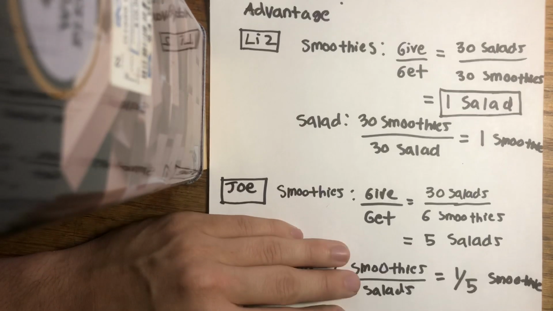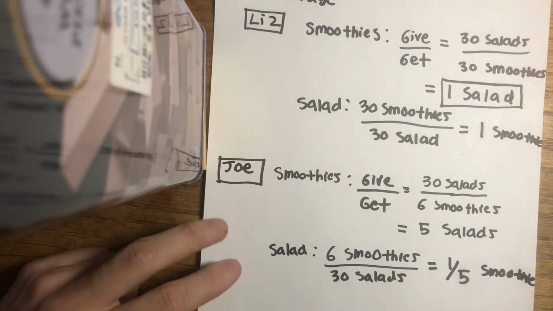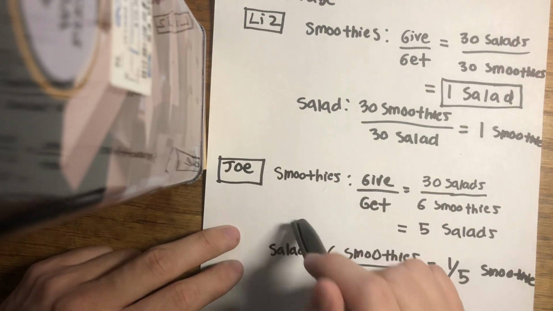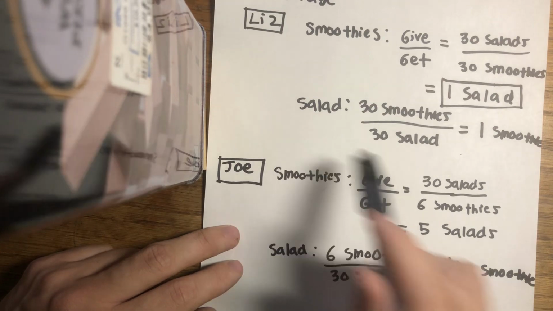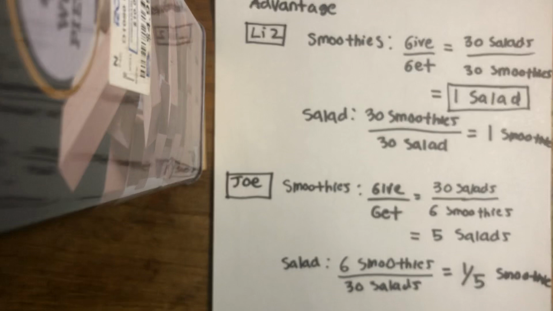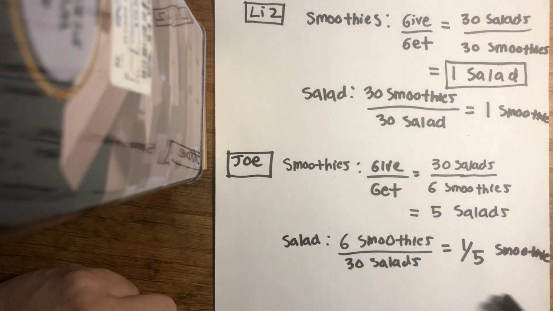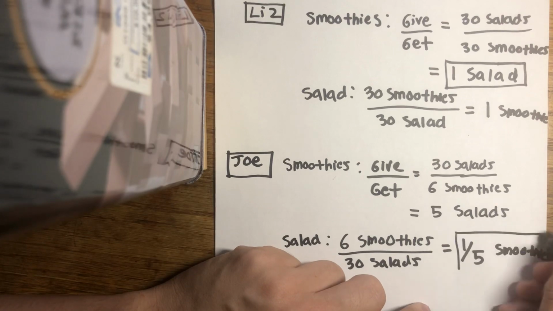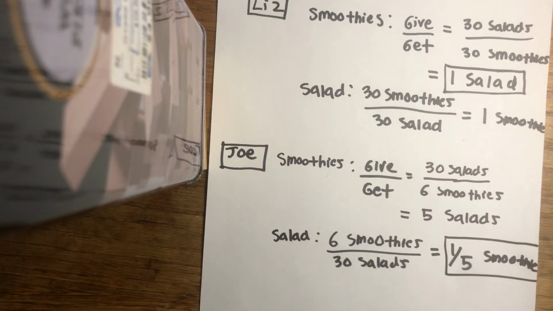Now, moving on to salads, we're seeing how many smoothies each person has to give up to produce 1 salad. Liz has to give up 1 smoothie, but Joe, on the other hand, only has to give up 1/5 of a smoothie. So he has much less opportunity cost than Liz does.